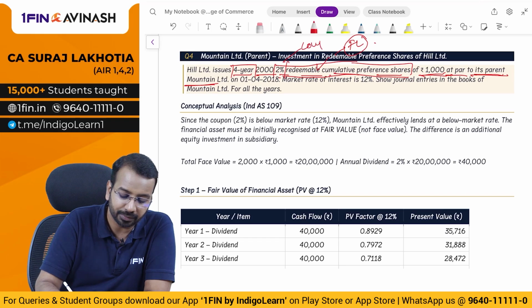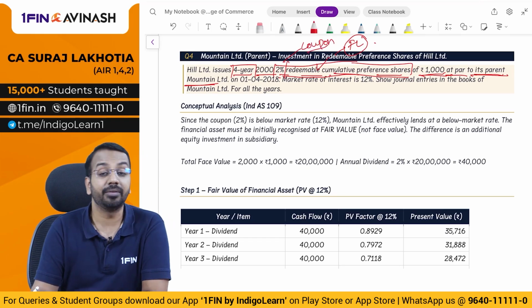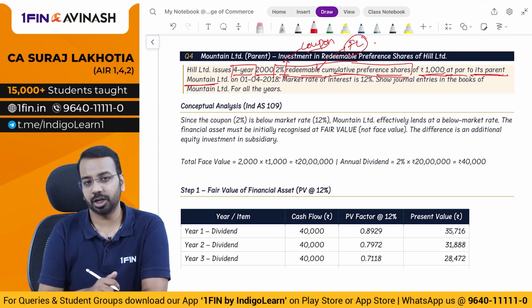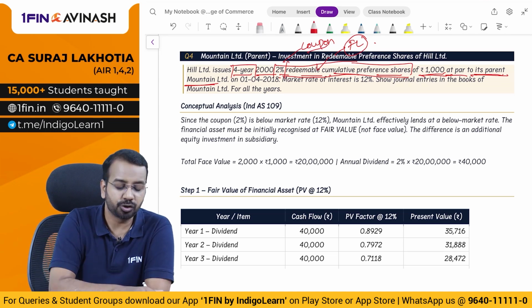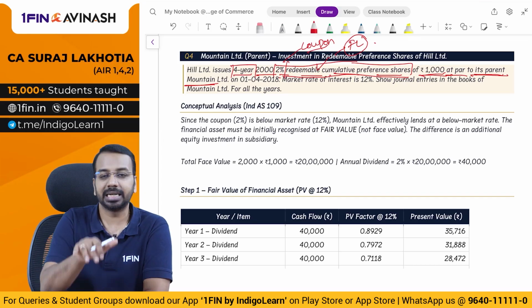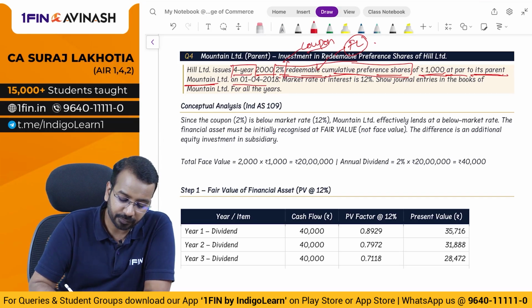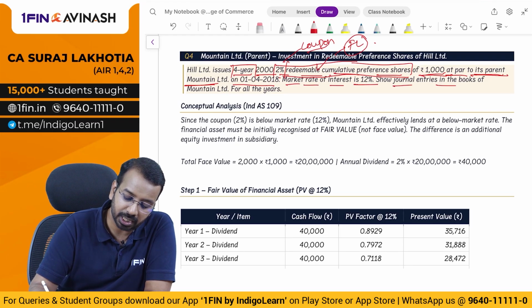It is the coupon dividend. Now please remember, dividend is not mandatory, but dividend has to be paid if dividends are declared to equity shareholders, right? Here we will assume that whenever dividends are given, the dividend would have to be paid. On 1st of April of year 18, the market rate of interest is 12%. Show the journal entries in the books of Mountain Limited for all the years.